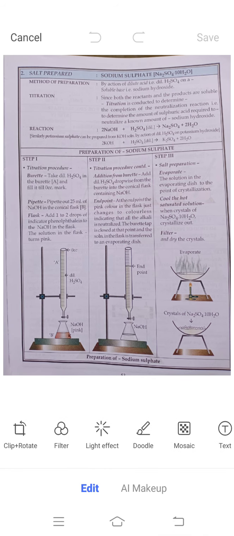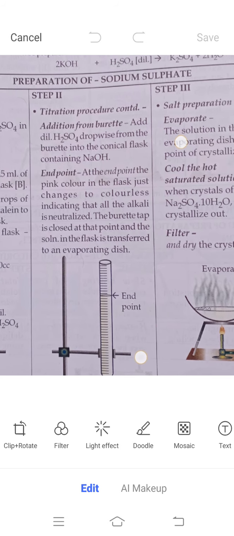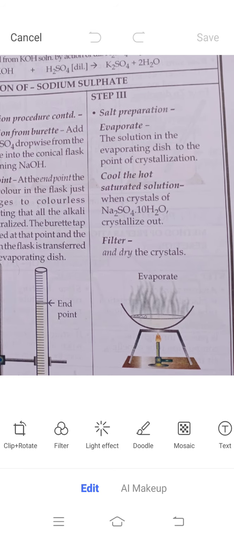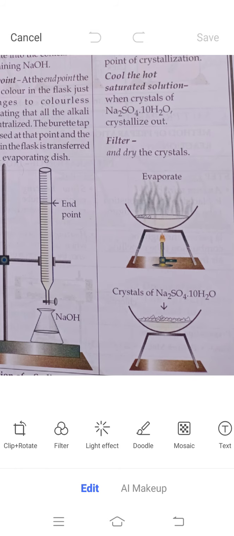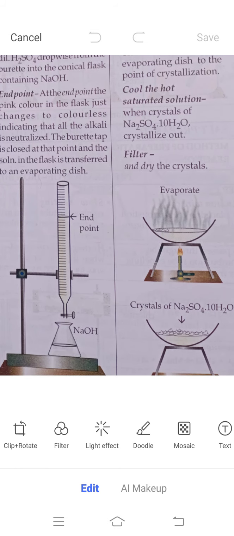Are you getting? At this end point, the pink color in the flask just changes to colorless, indicating that all the alkali is neutralized. Now the burette tap is closed, and the solution in the flask is transferred to an evaporating dish. In the third step, the NaOH solution has totally reacted.